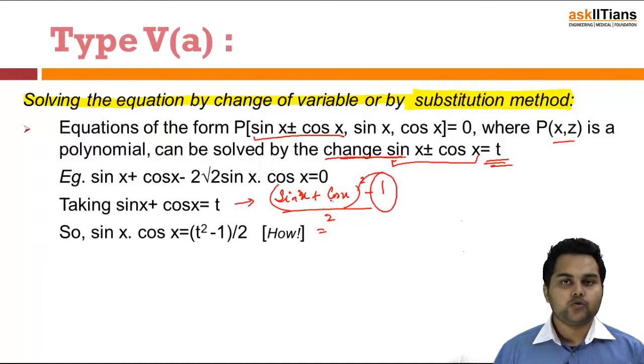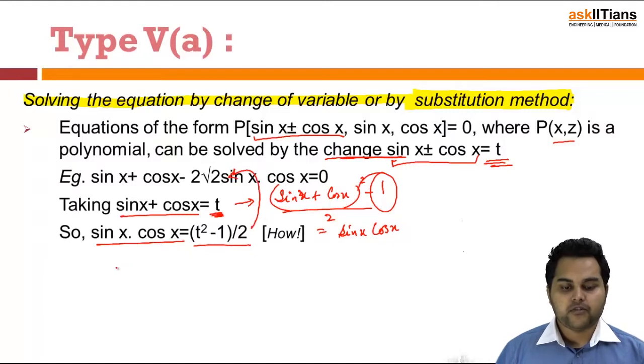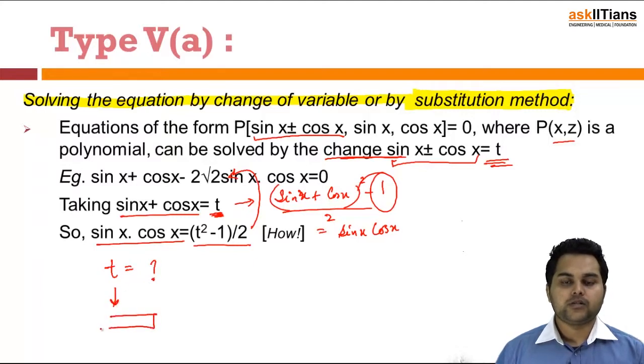I will be left with 2 sin x cos x over 2, and I would get sin x cos x. So now I have sin x plus cos x in terms of t and sin x cos x also in terms of t, which can be substituted in the equation that I have, and I will find the value of t, and hence ultimately find the solution to the trigonometric equation.